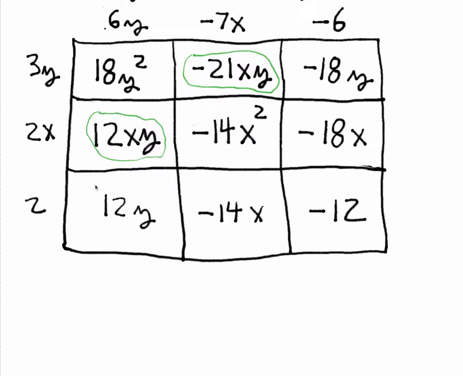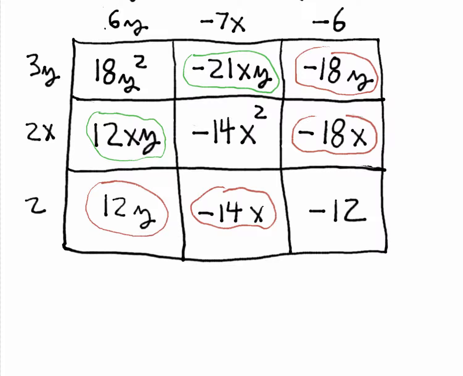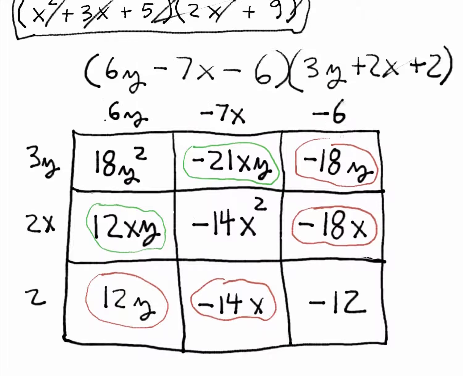Notice that this red thing here can be added to this thing here. And this can be added to this. So there's a very nice symmetry that you can realize, and it makes things very easy to write down.